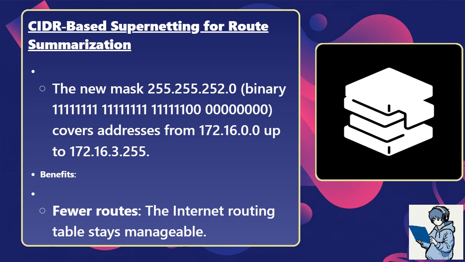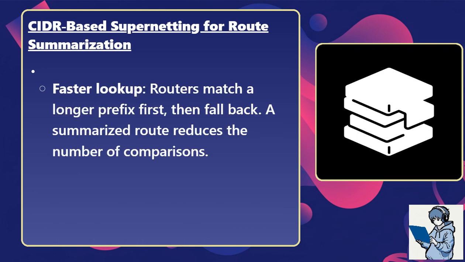Benefits: fewer routes, so the internet routing table stays manageable. Faster lookup, routers match a longer prefix first, then fall back. A summarized route reduces the number of comparisons.